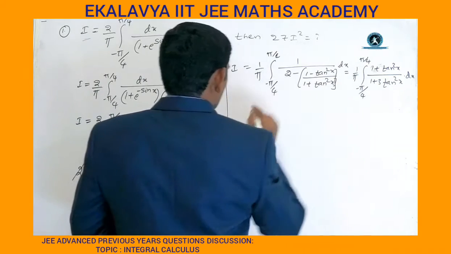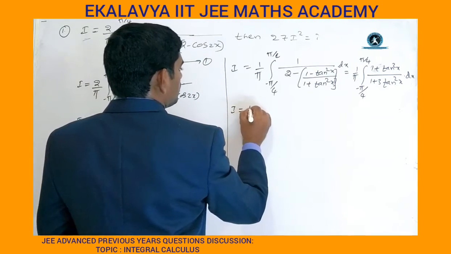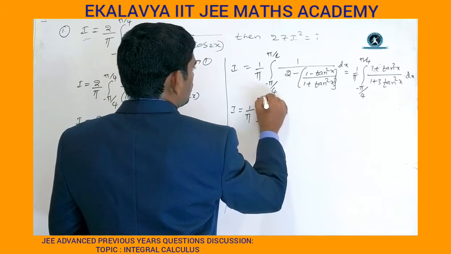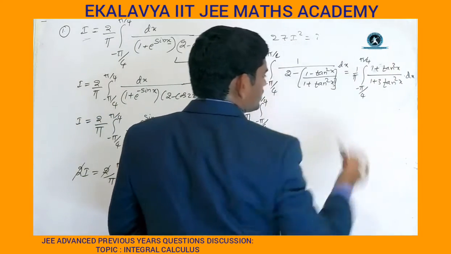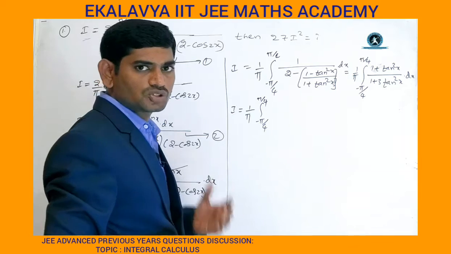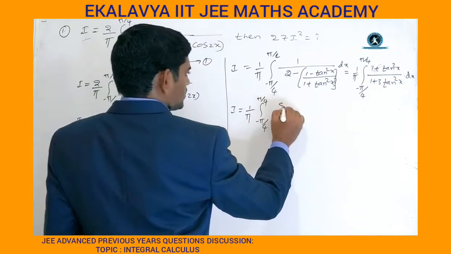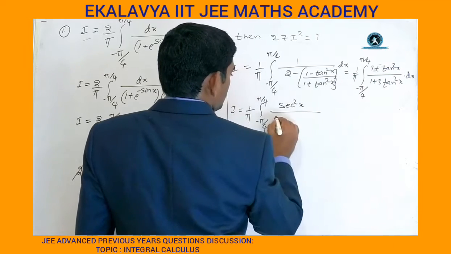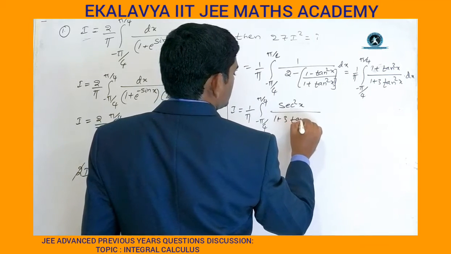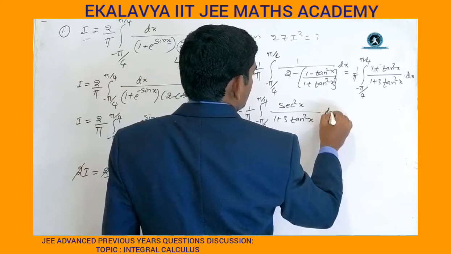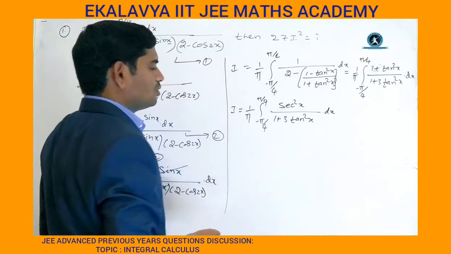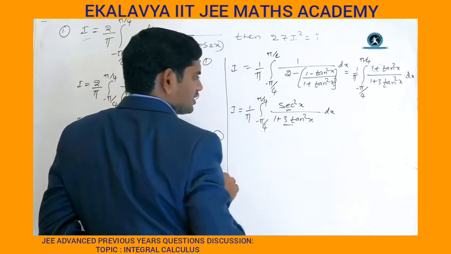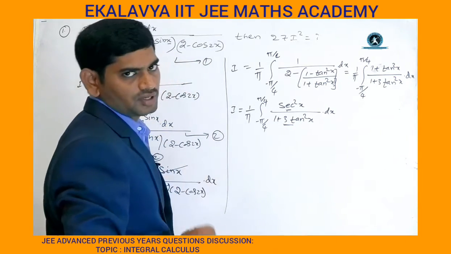Now we can also write I is equal to 1 by pi, integration of minus pi by 4 to pi by 4. This 1 plus tan square x we can change to secant square x using trigonometric identities, and the denominator 1 plus 3 tan square x is as it is. Now if we observe, this secant square x upon 1 plus 3 tan square x is an even function.